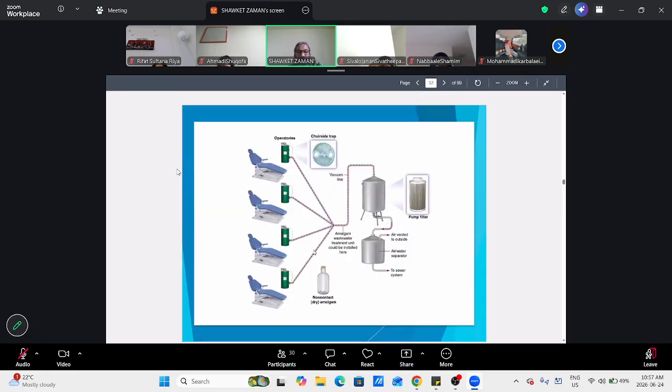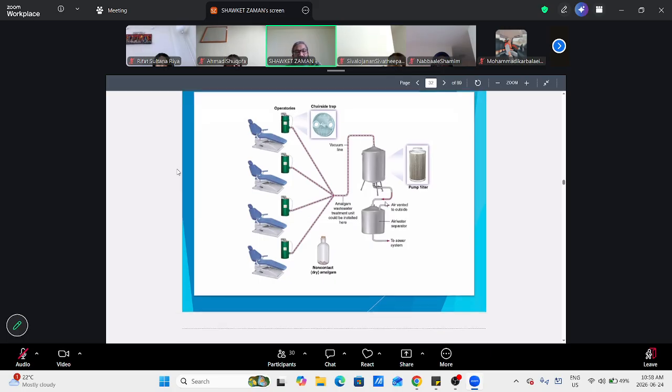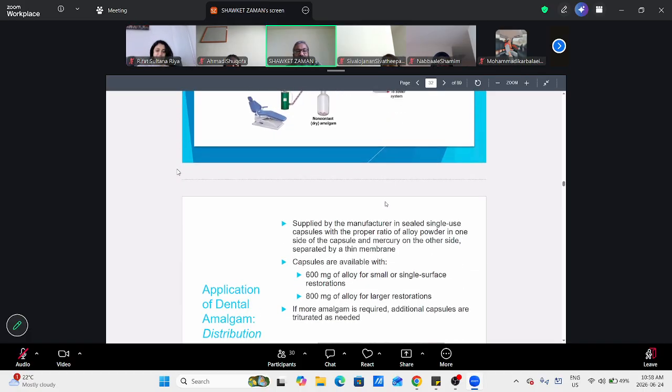Every dental clinic also has amalgam separators, which keep the amalgam from entering the system. That is another system present in every dental clinic to collect the scrap amalgam.